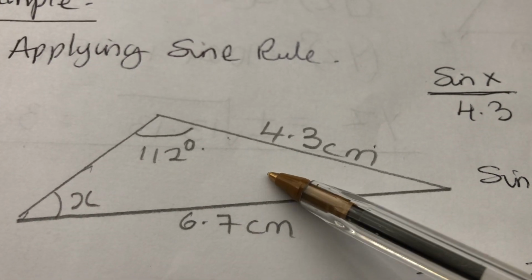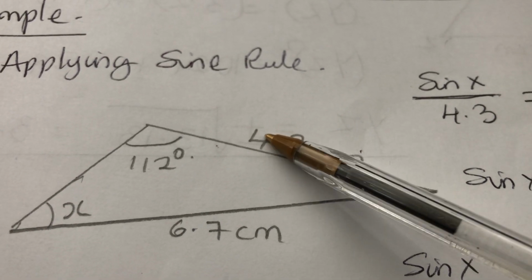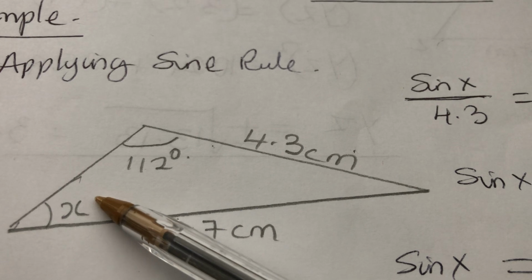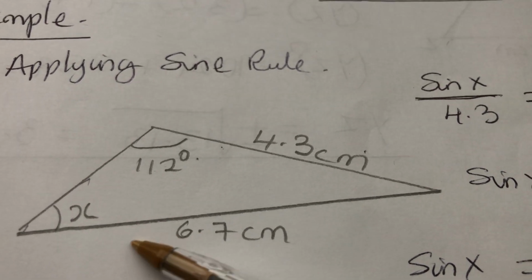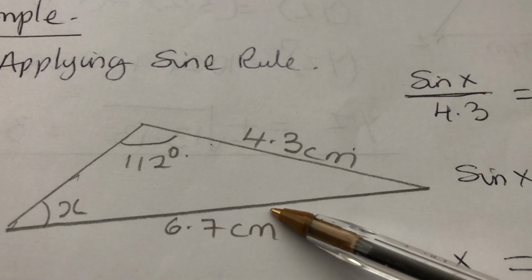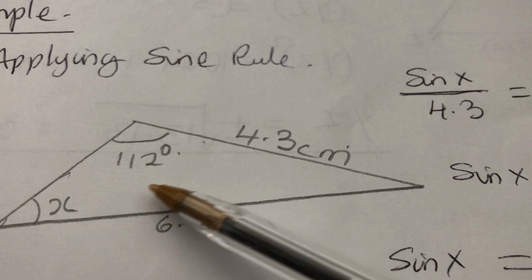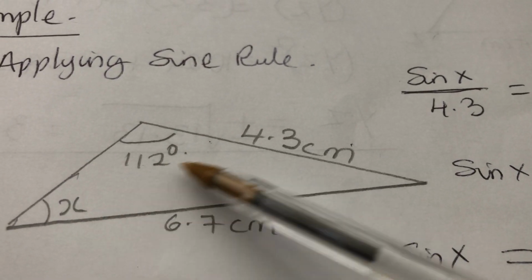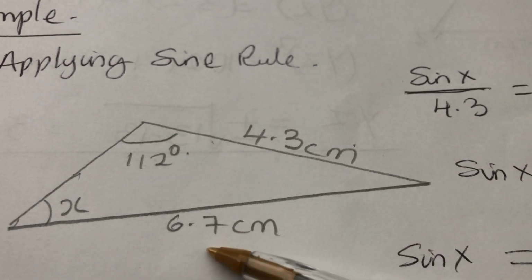The rule here is, if you are going with the length in the numerator and finishing with the angle in the denominator, then you do the same for the other side. You start with the length, finish with the angle. Don't start with the angle, finish with the length, then equate it to the length.